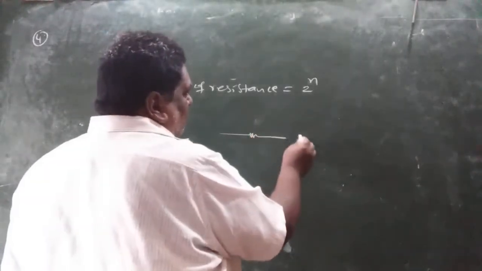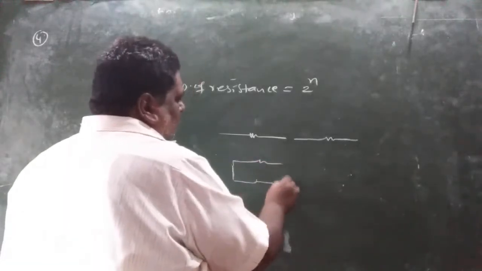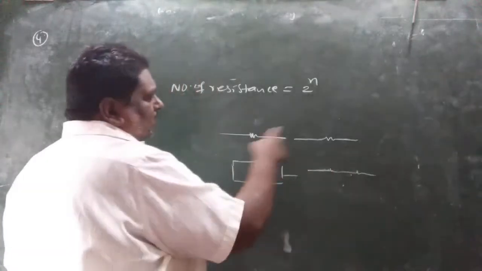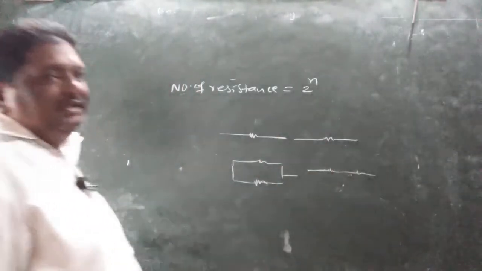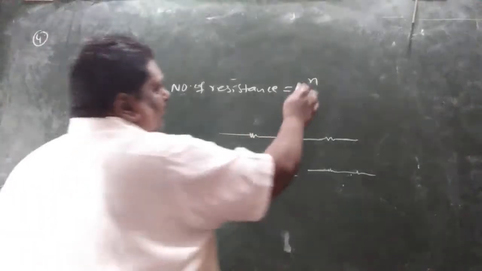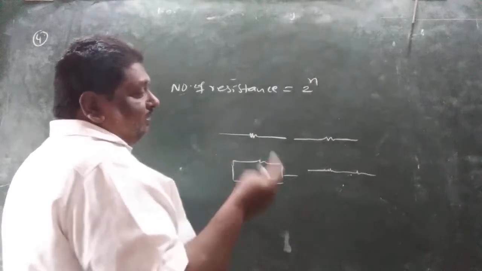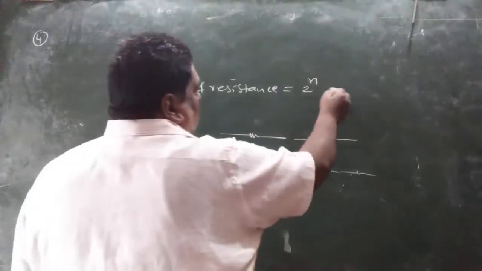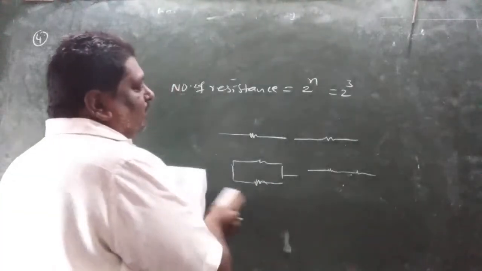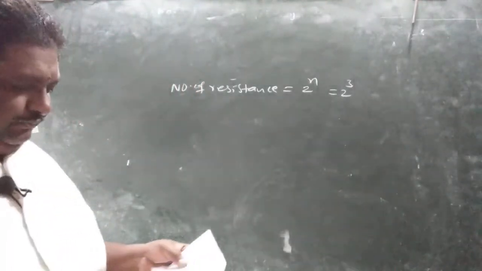One resistor one time, the other resistor one time, both in parallel one time, both in series one time. 1, 2, 3, 4 types of resistances you can make using 2 resistors. So 2 to the power of 2 is 4. Like this, with 3 resistors of different values, 2 to the power of 3 means 8. You can make 8 resistances. This is the fourth option.